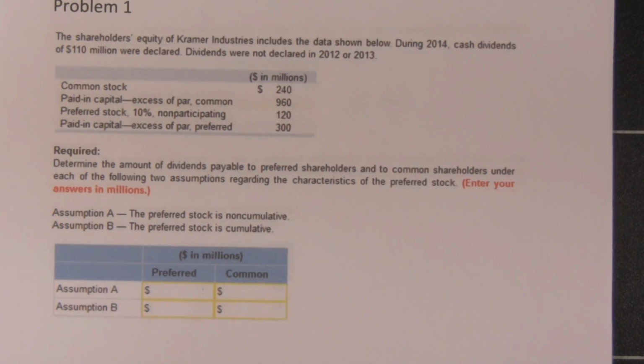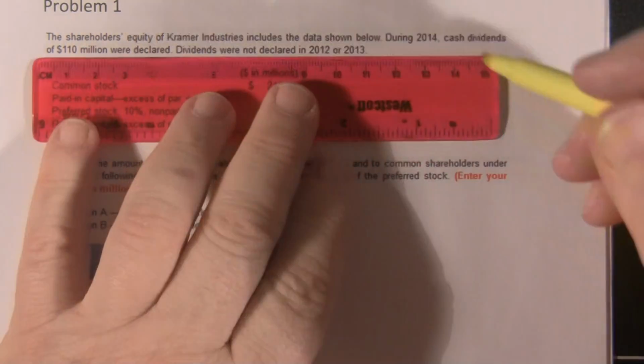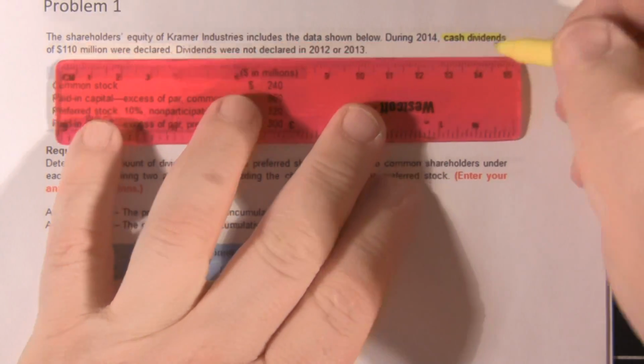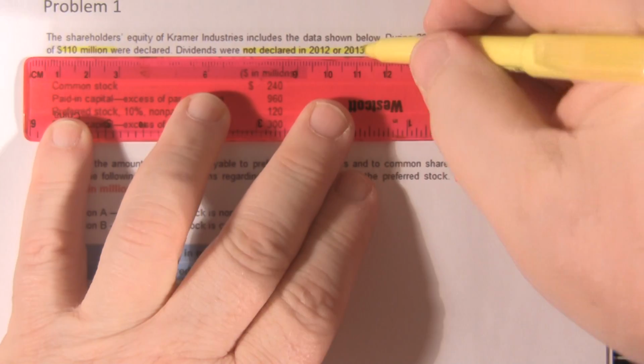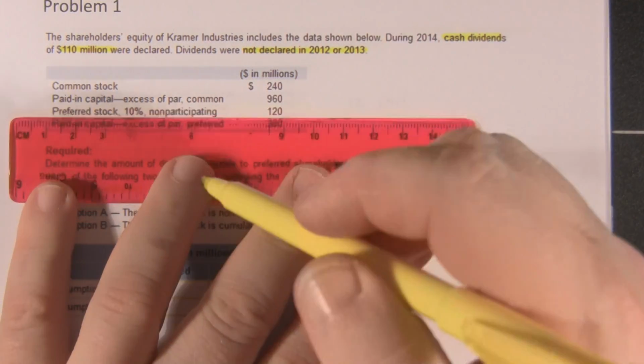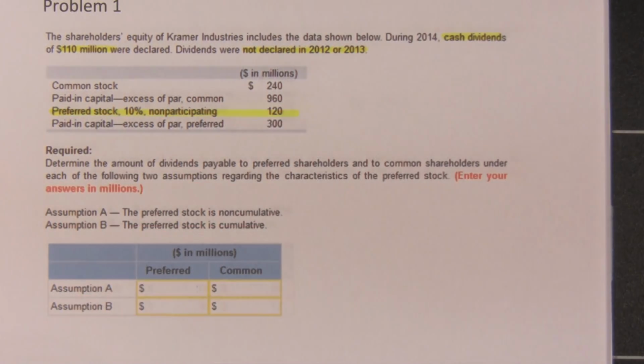Okay. So let's take a look. Non-participating. So we have cash dividends, 110 million, not declared 2 years before, preferred stock. So let's make up a little table here.